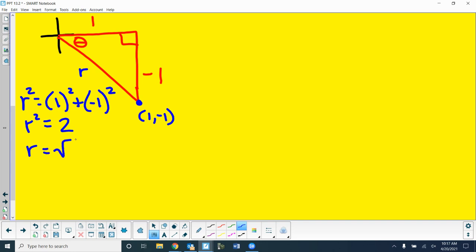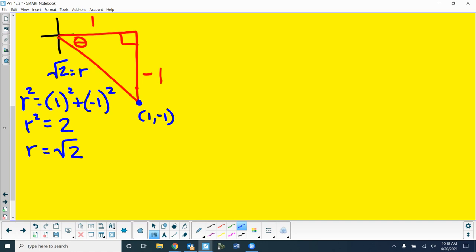Square root of 2. If these are equal and that's the square root of 2, what is theta? We could actually know what theta is for this one. You're supposed to know. Yeah, 45. So it's a 45, 45, 90. You don't really have to know that for this problem, but you should recognize that it is a 45, 45, 90. Questions so far?